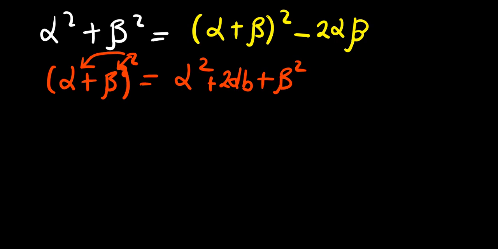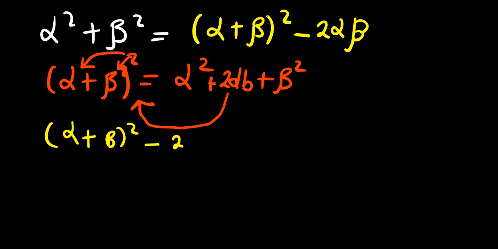Okay, now that we have that, what are we going to do? We'll take this 2 alpha beta to the other side, and when we do that, you are going to have alpha plus beta squared, minus 2 alpha beta that you took to the other side.